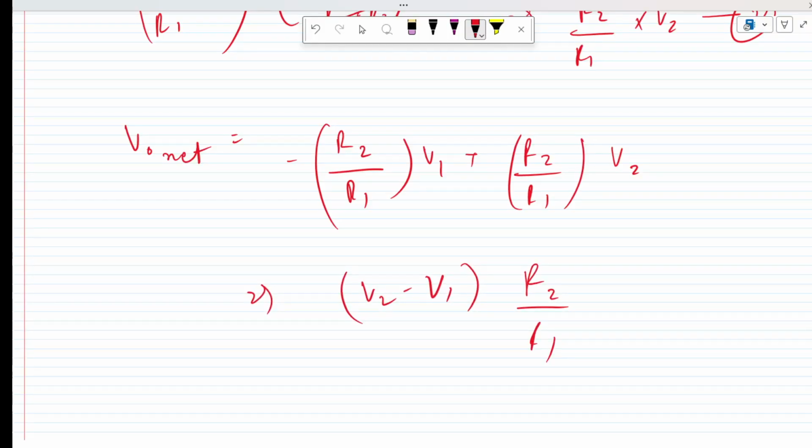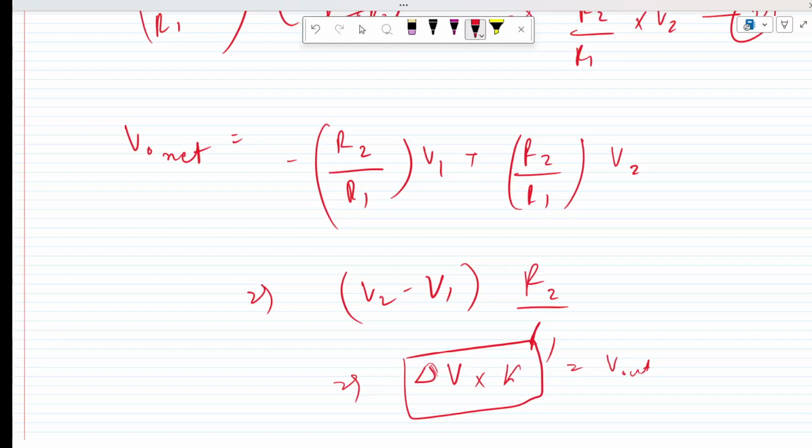Now we have expressed it in terms of delta V times some factor K. We have expressed the amplification, so the ratio of V output over V input would be in this form only. The amplification is expressed in terms of the difference of the voltages. That's why the name differential amplifier.